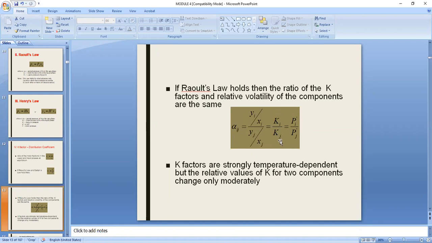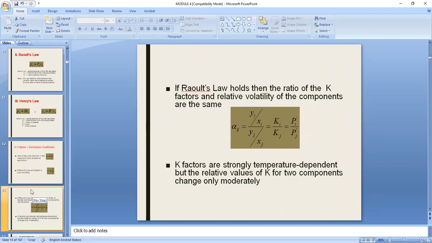So in this case, you really need to know the temperature. Now, K factors are strongly temperature dependent, meaning they change with temperature. But relative values of K for two-component systems change only moderately, or the change is very negligible. So as such, we still consider it to be a constant if we have a two-component system.